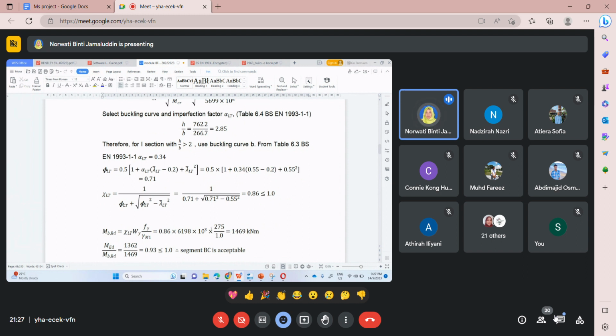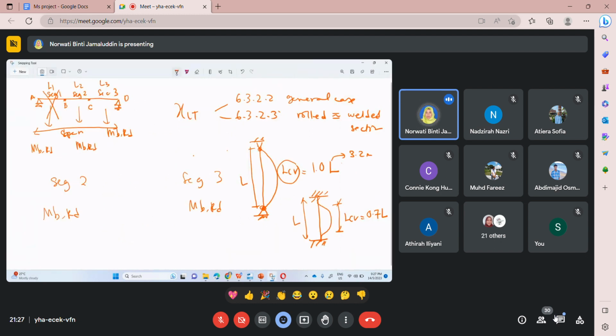So in this case, MbRd for segment BC is 1,469 kilonewton meter.